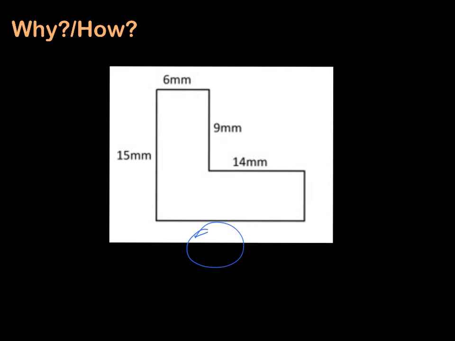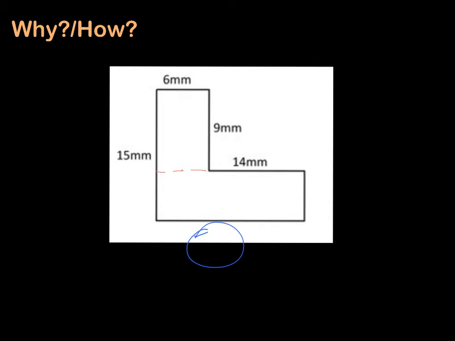So what I can do is I can create a dividing line here and first find the area of the rectangle at the top, fill in my missing numbers for the rectangle at the bottom, and find the area of that rectangle and add them together.